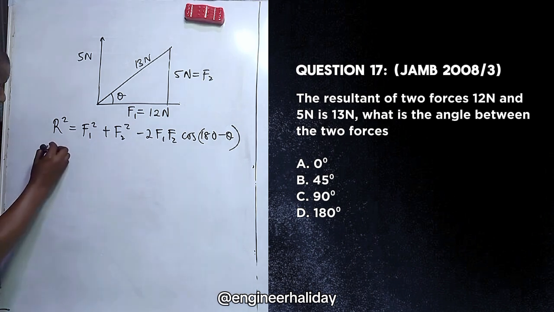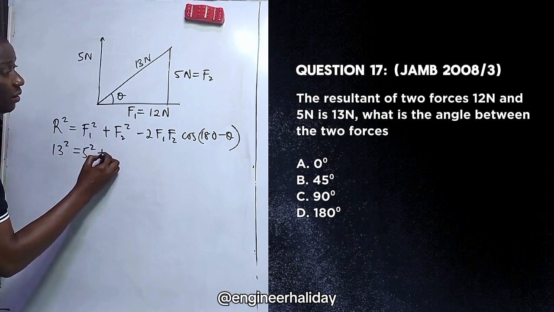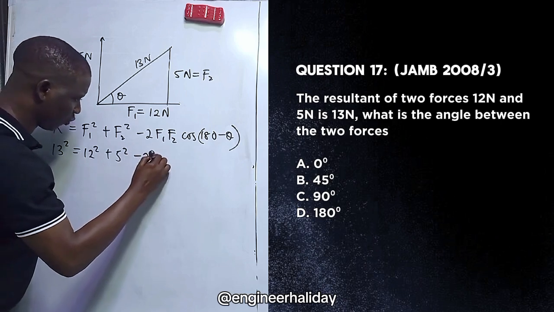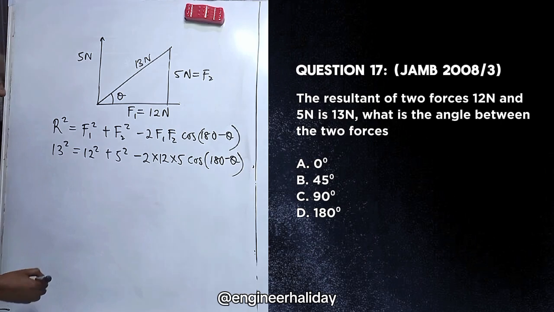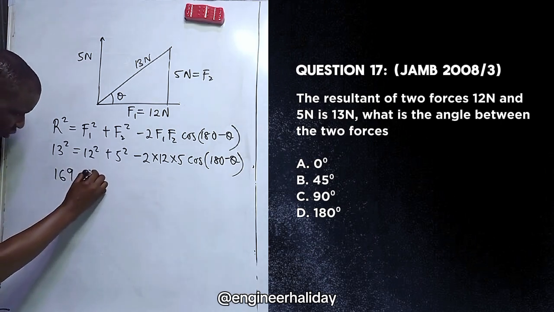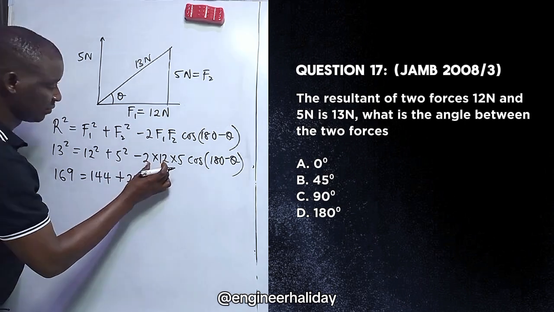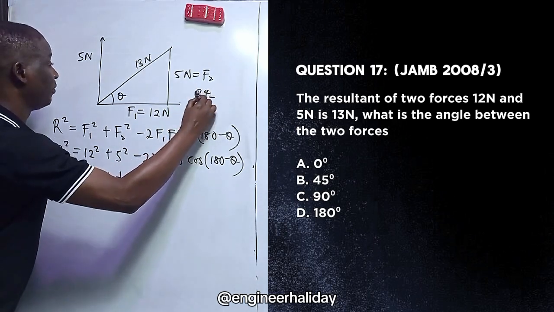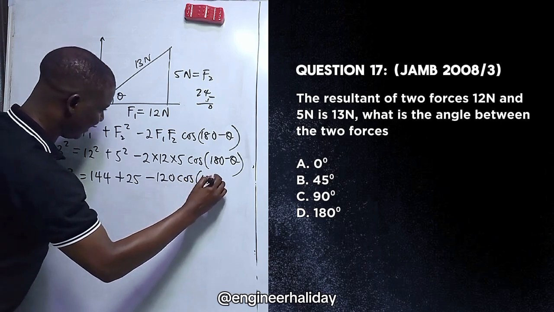Now what we would have, this is the resultant: 13 squared equals 12 squared plus 5 squared minus 2 times 12 times 5 cos of 180 minus theta. 13 squared gives us 169, equal to 144 plus 25 minus, this one gives us 24, and 24 times 5 should be equal to 120 cos of 180 minus theta.